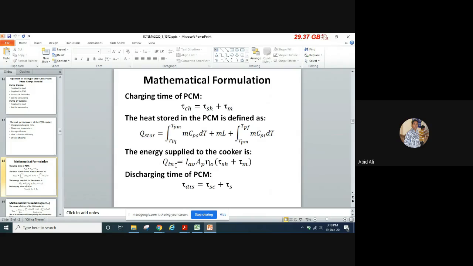Q in is the incident solar radiation during the charging, and Q DIS is the total discharging energy. Now SC is the sensible cooling of the PCM down from the melting point if it achieves more than 118 degrees centigrade, and tau S is the sensible cooling time or solidification time of the PCM.